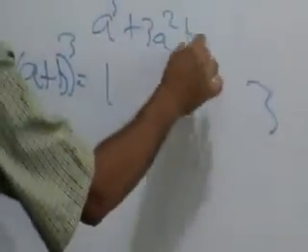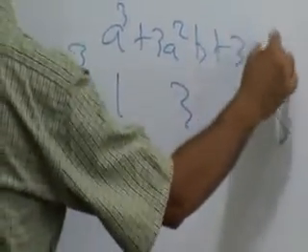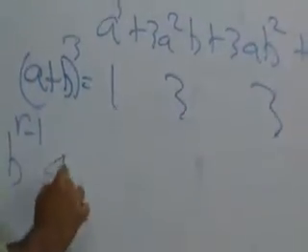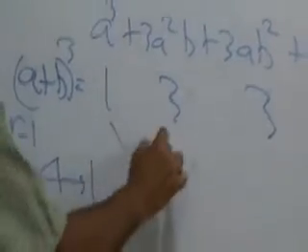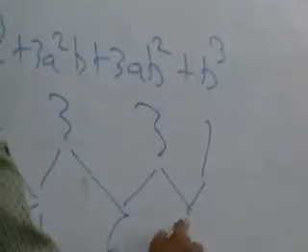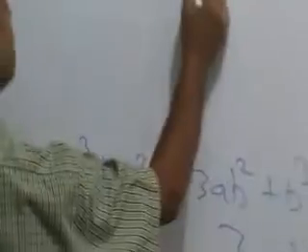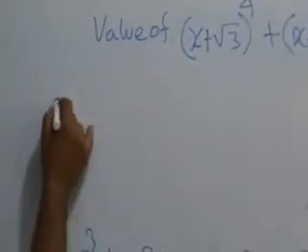It is a cube plus 3a square b plus 3ab square plus b cube, which means it is 1, 3, 3, 1. So for 4, it will become 1, 4, 6, 4, 1, Pascal's standard. We don't have to calculate NCR and all that.